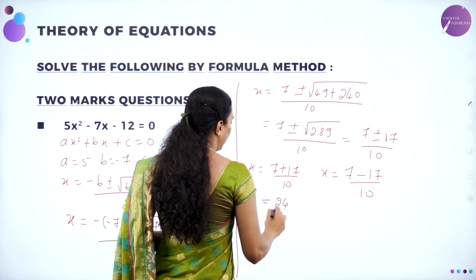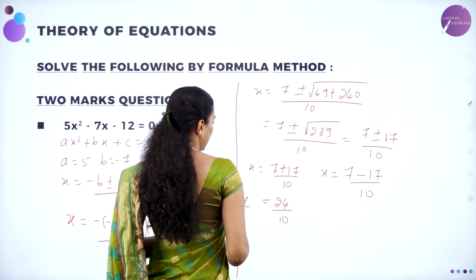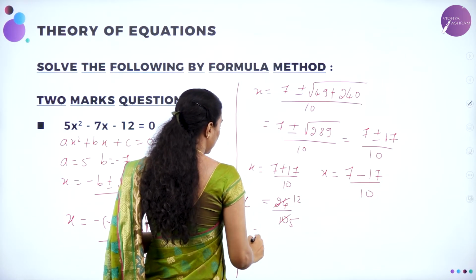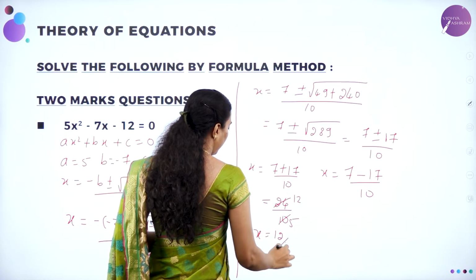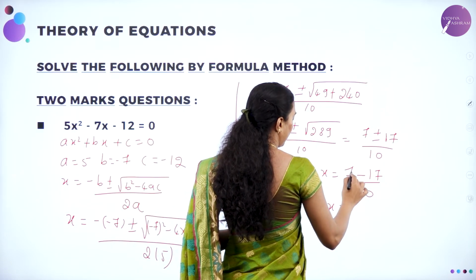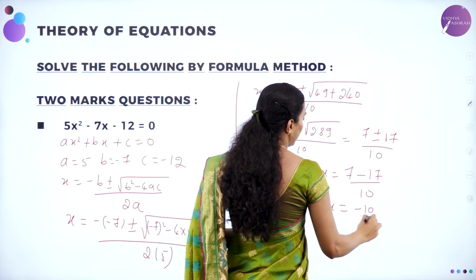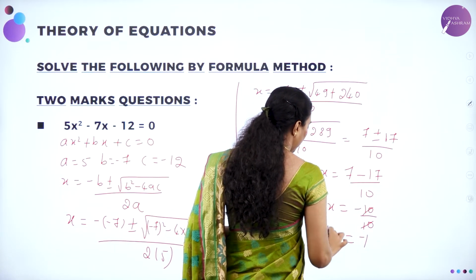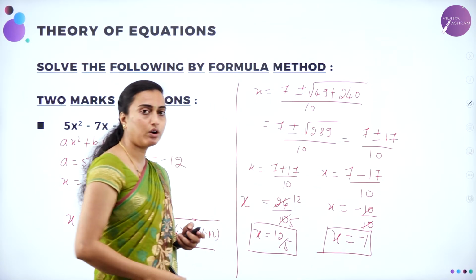So 24 divided by 10, you can cancel by 2, which gives x is equal to 12 divided by 5. And one more, x is equal to 7 minus 17, which is minus 10, divided by 10. So x will be equal to minus 1. These are all the roots you are going to get.